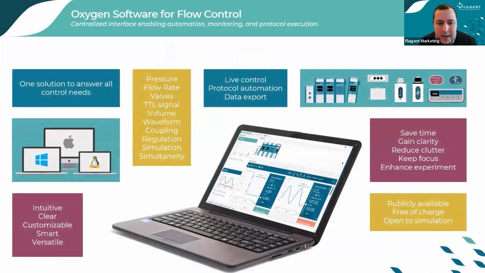Based on this algorithm, we developed the Oxygen software, which provides a unified interface for controlling pressure, flow, and the valves that we use. It allows you to design sequences, ramps, and time-based protocols while logging data for reproducibility.